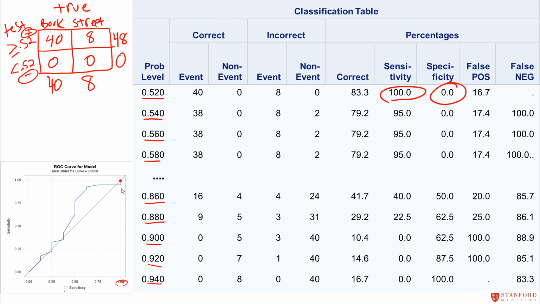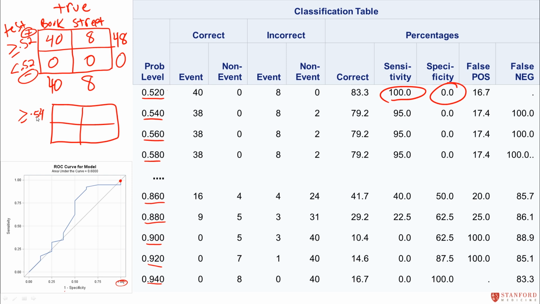Then we do this again. Now we move up our cutoff for classifying people as book smart or street smart to the next predicted probability level, which is 0.54. Everybody who's 0.54 or higher on their predicted probability, we call book smart. That captures everybody but not quite all.